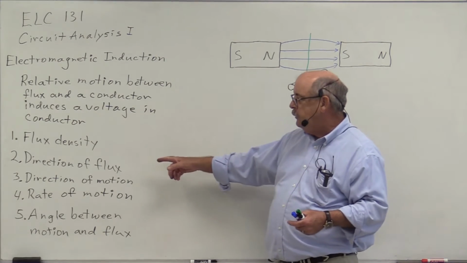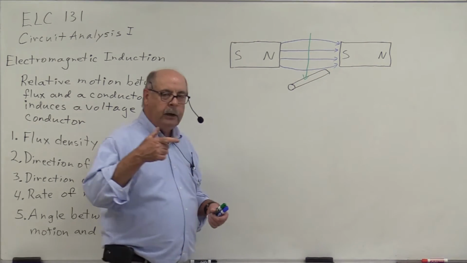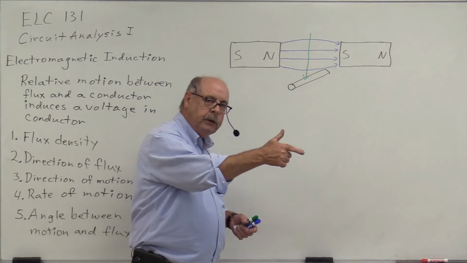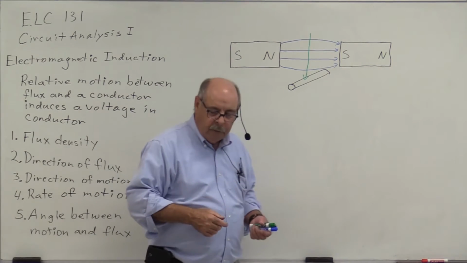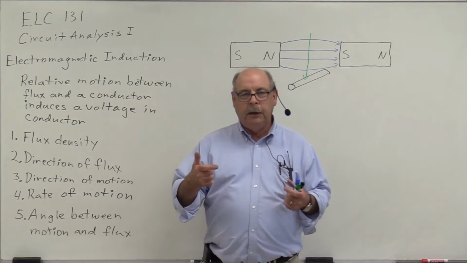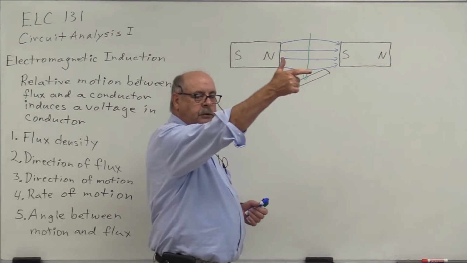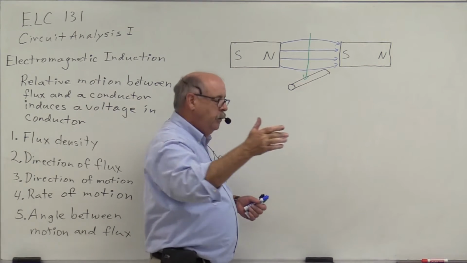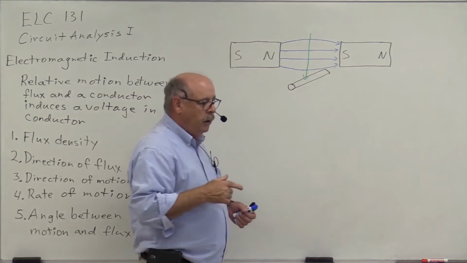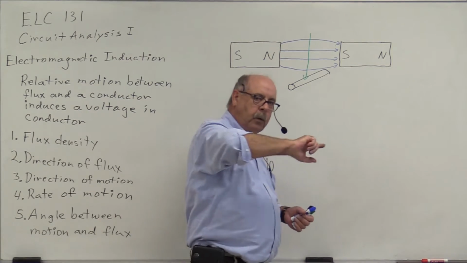The second is the direction of flux, and again, we saw that with the right-hand rule. Flux is going this way. The third, of course, is direction of motion. Again, our right-hand rule: flux is this way, motion's up, current flows from you to the board. If flux is this way and motion's down, current is from the board towards you.